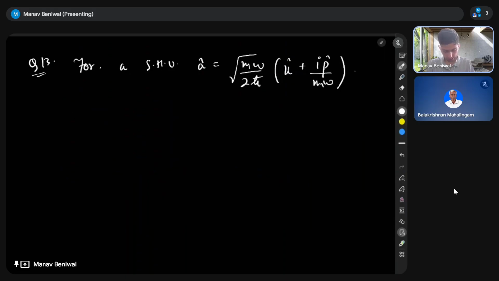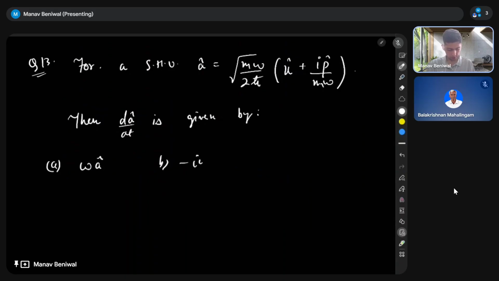Then dA by dt is given by, and our options are a omega a, minus iota omega a, omega a dagger, or iota omega a dagger.